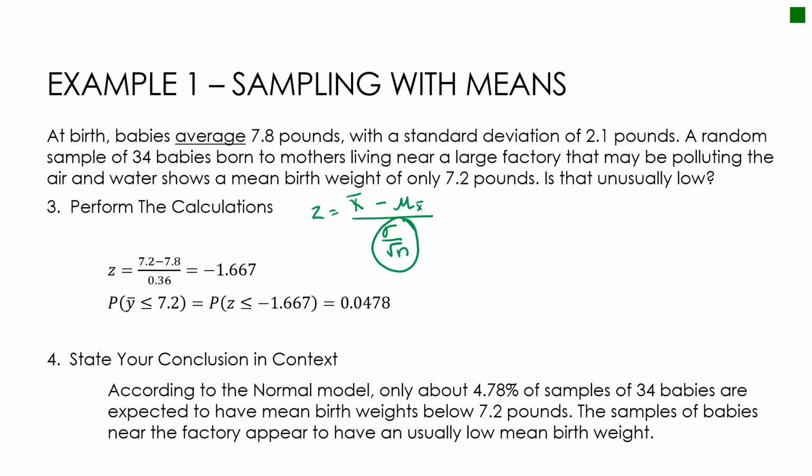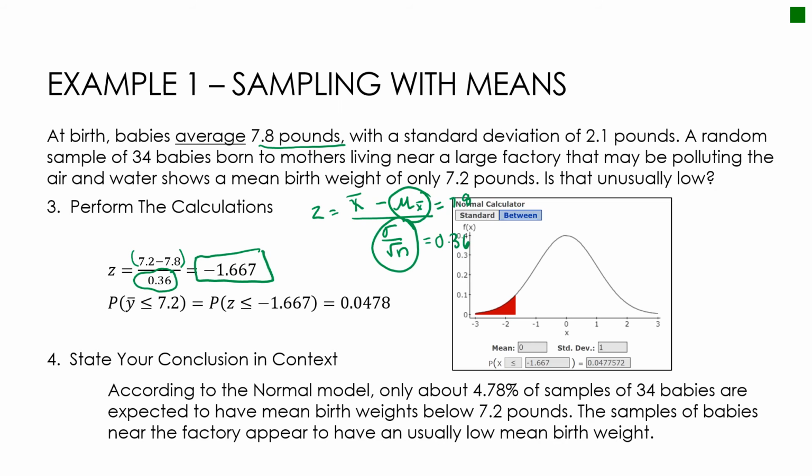Now I already determined this value on my last slide of 0.36, and I already know that this value is 7.8 because that was given to me. So notice all I'm going to do is take my observed minus my expected divided by the standard deviation, and if I showed this work on the last page, I don't have to show the work again, and I get a z-score of negative 1.667, then I'm going to go into StatCrunch and I'm going to plug that value in.